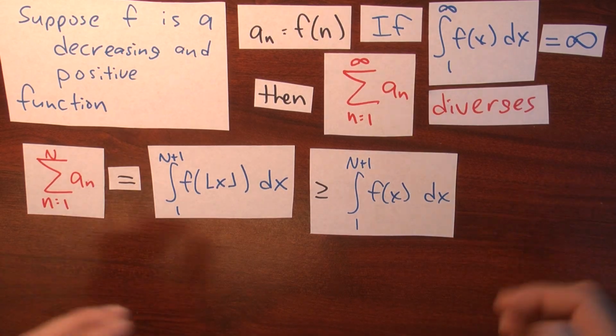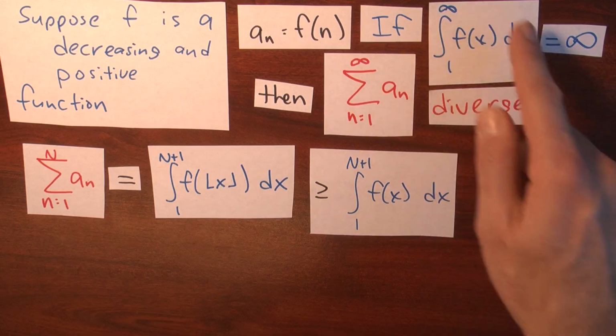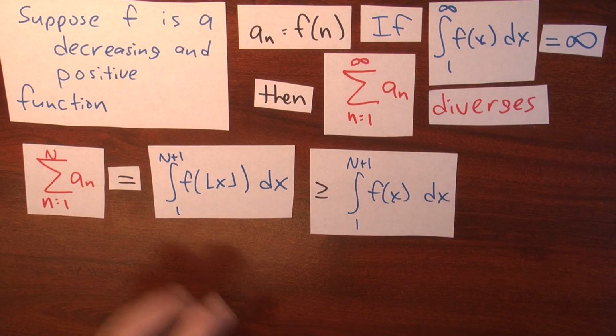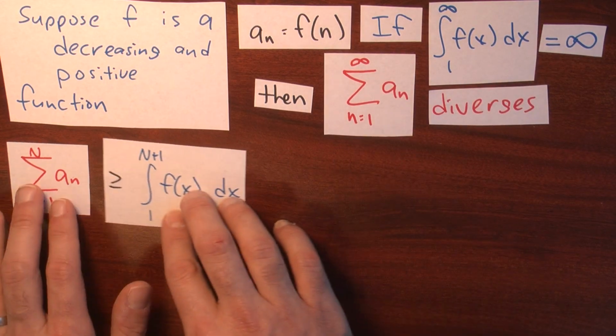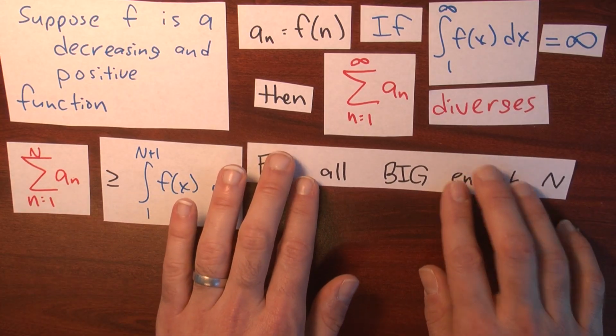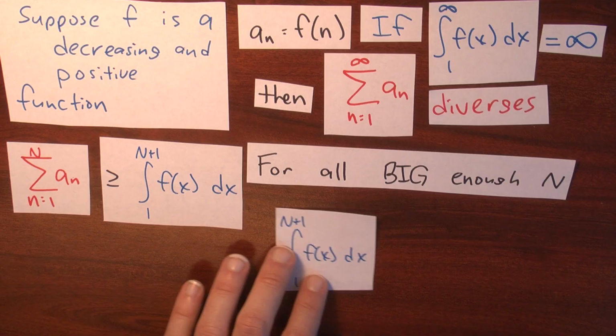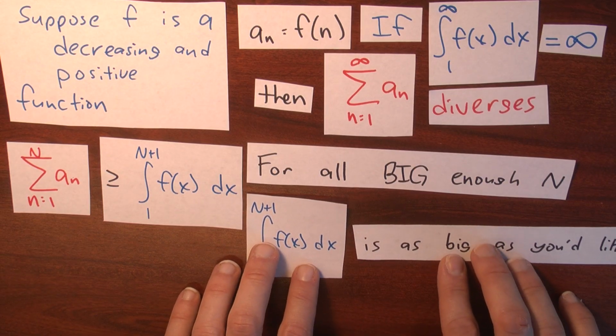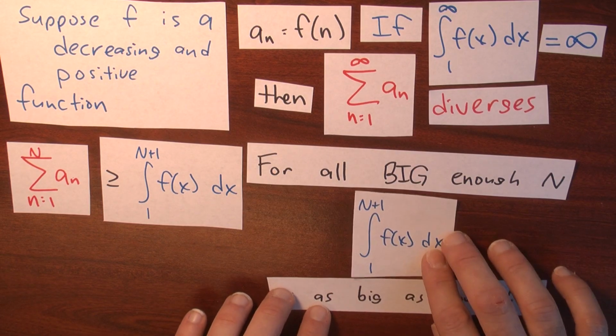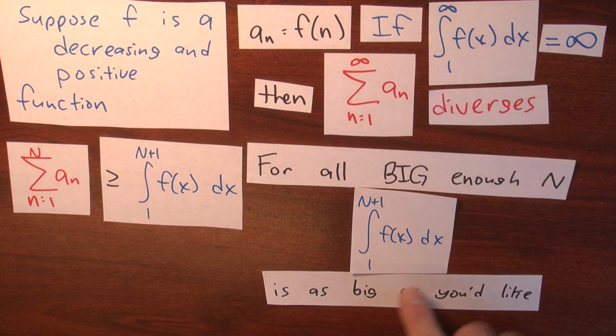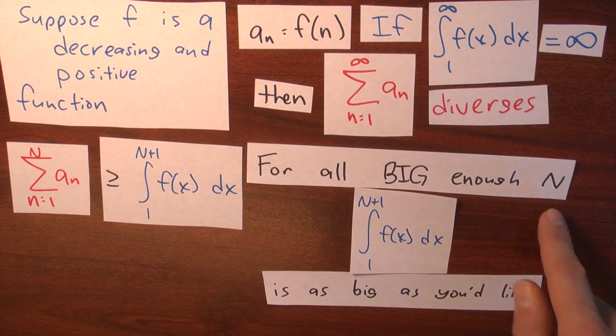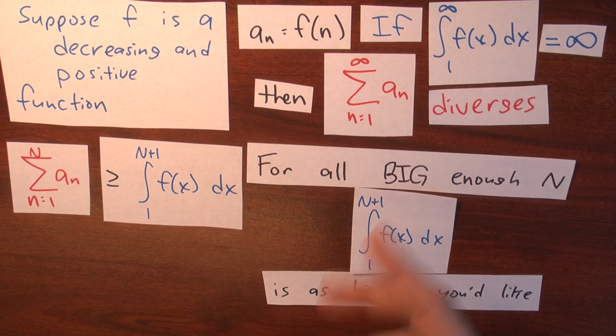Now what else do I know? I know that this integral diverges, which means what? Well, it means that as long as N is big enough, I can make this as big as you'd like. All you need to do is tell me how big you want this to be, and I'll tell you some big enough N so that this thing is really that large.